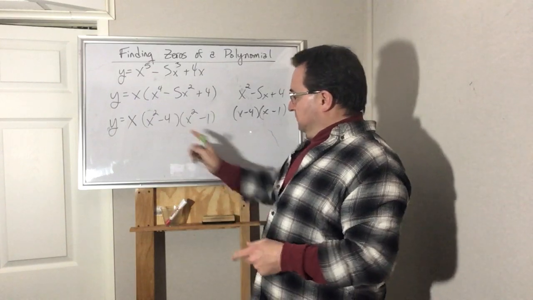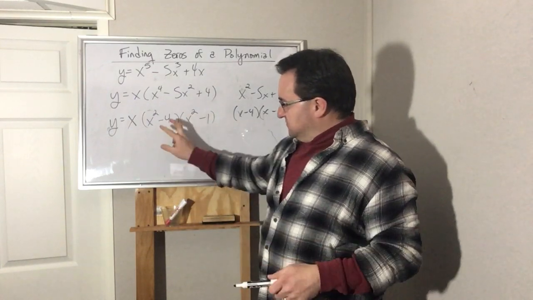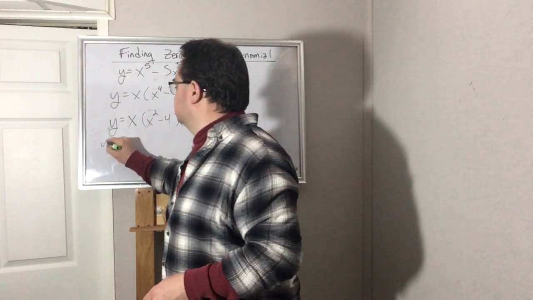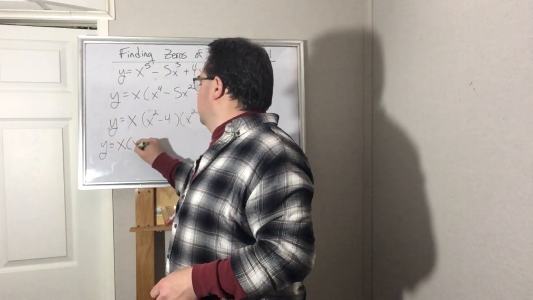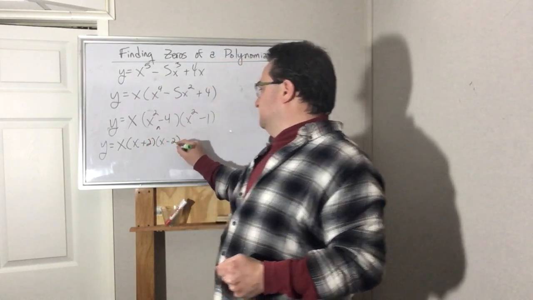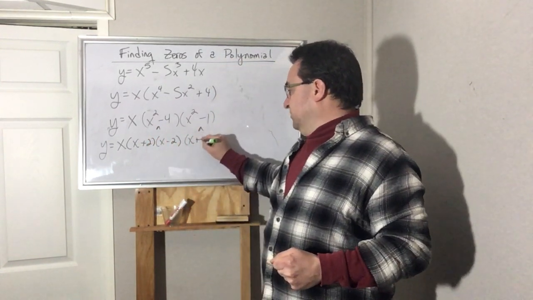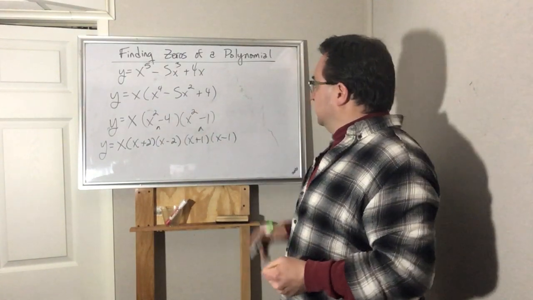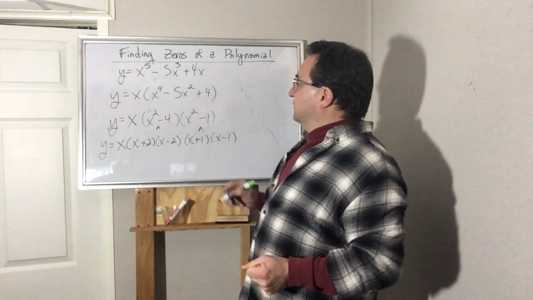Now the thing is, because this is the factorization, those are both difference of perfect squares. So this breaks into x plus 2, x minus 2. And this breaks into x plus 1, x minus 1. So that's got 5 zeros. Let's see what we have here. We'll do a quick sketch.